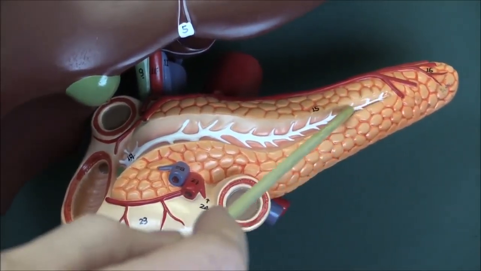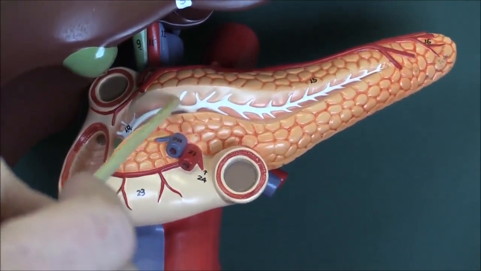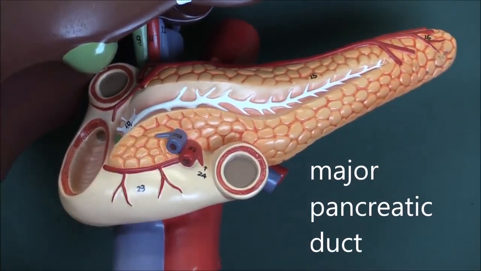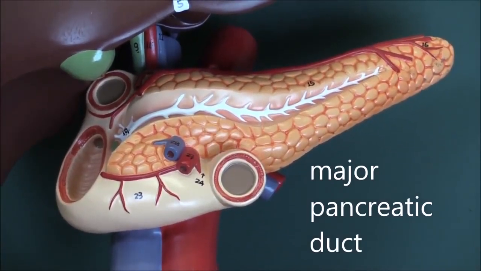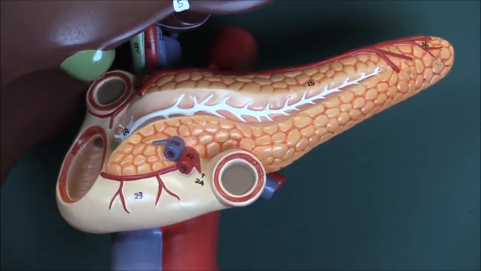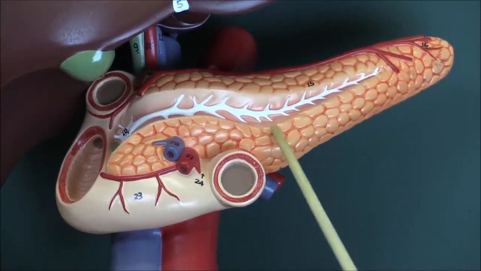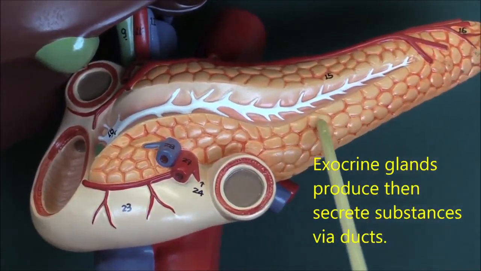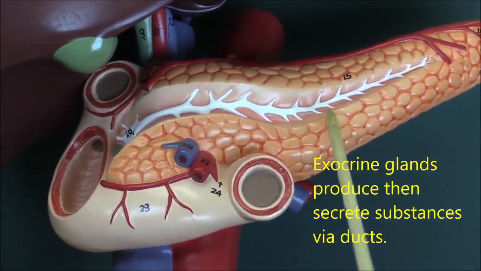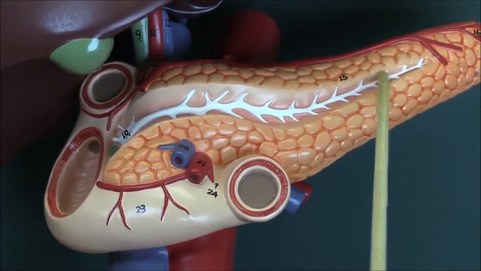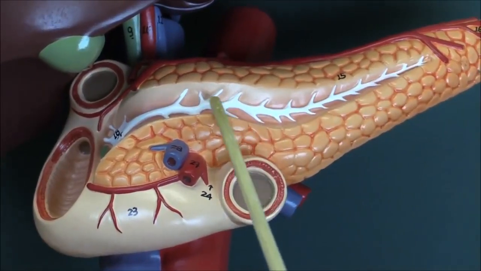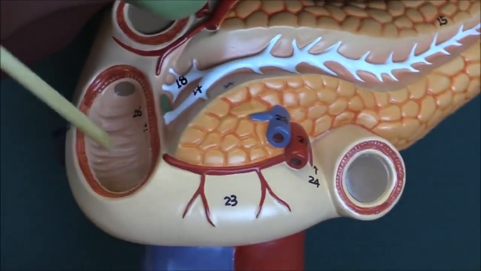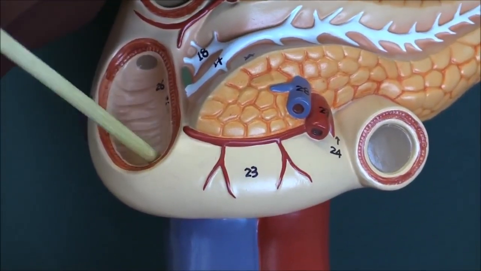There's a long duct running through the length of the pancreas. This is the main pancreatic duct. Now you might know that the pancreas contains exocrine tissue, and this exocrine tissue in the pancreas produces digestive enzymes in inactivated forms which pass into this central pancreatic duct, go along the pancreatic duct, and under the right conditions are released here into the lumen of the duodenum.